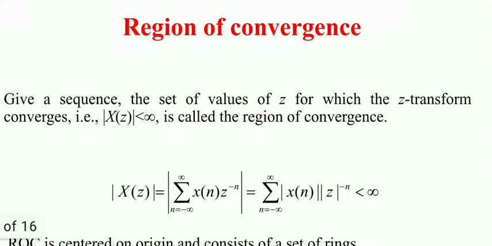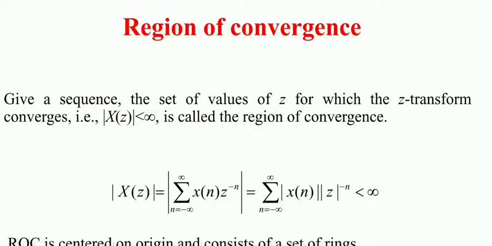Next we see the region of convergence. Region of convergence means the region in which we can find the z transform. Whatever the values of z where the z transform exists, that region is known as the region of convergence. Right? That means if you are finding the z transform of some signal x of n, and what you get is x of z, if x of z is finite for different values of z, then that is forming one region.